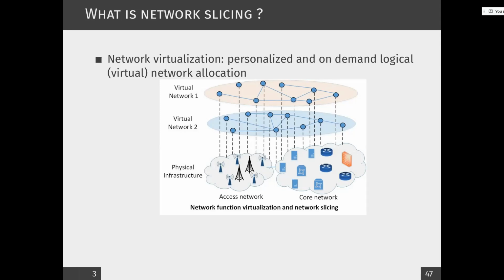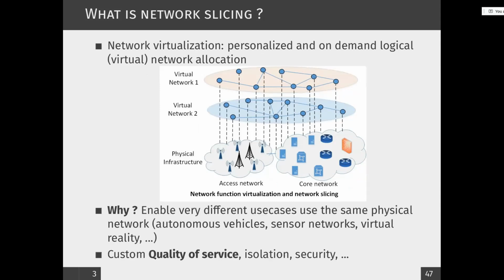And the idea of network slicing is to instantiate virtualized networks for tenants. So think, for example, Netflix, Renault, the people that have clients to serve and specific use cases. So the idea is that by enabling customized networks, we can enable customized use cases.